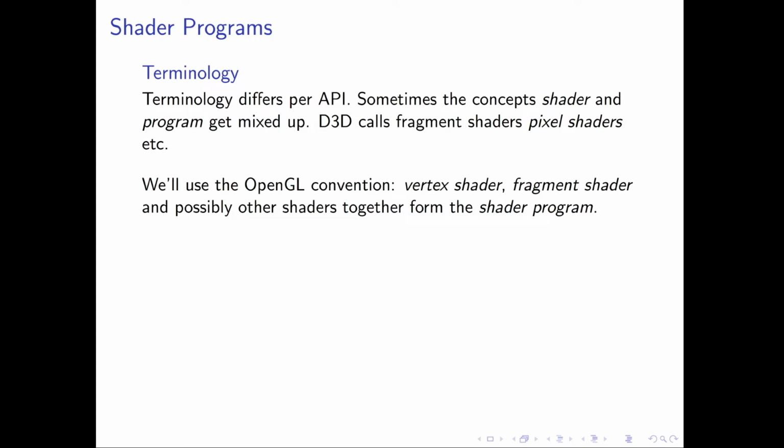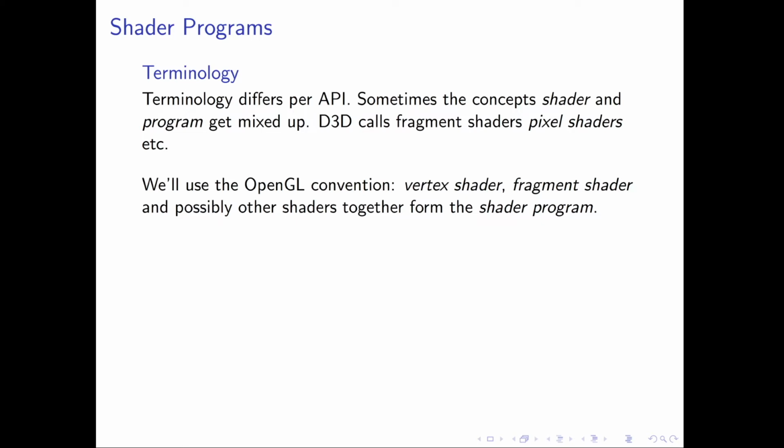So we have a model where shaders are compiled and the program is linked from those individual shaders. This is the terminology that OpenGL uses. And we're going to adopt this terminology, but note that other APIs, like for instance Direct3D, might have a slightly different terminology, in particular where what I call a shader might be called a shader program, etc.